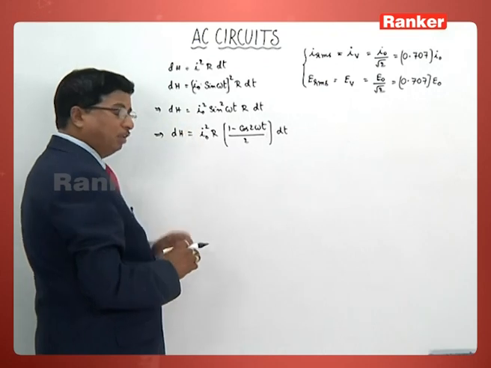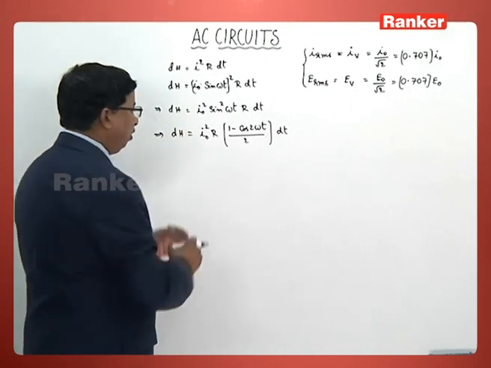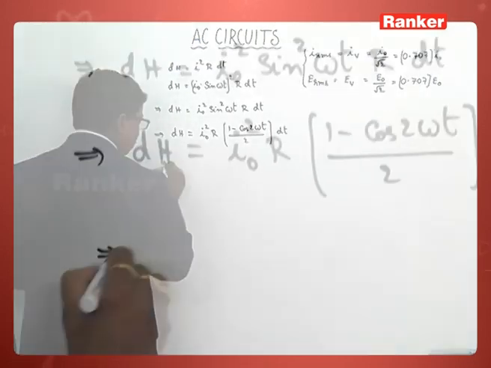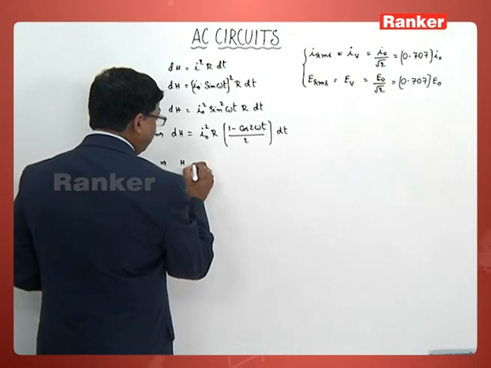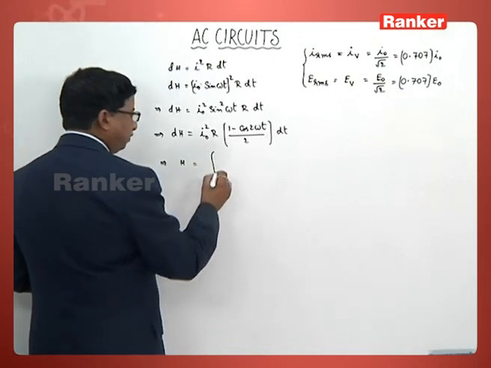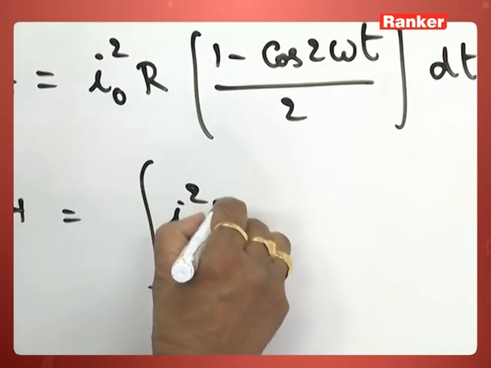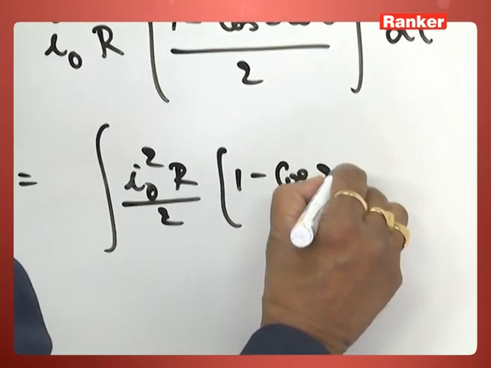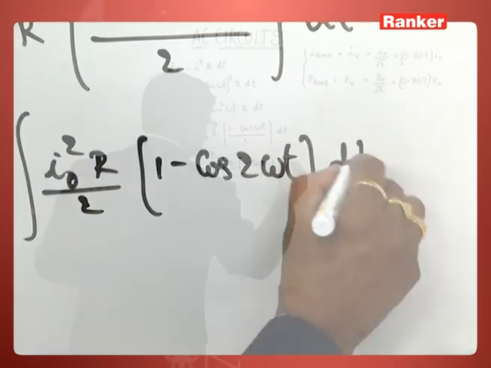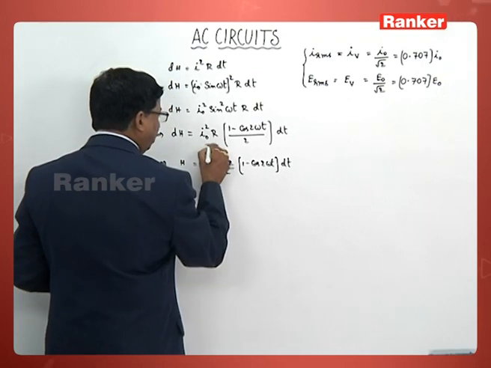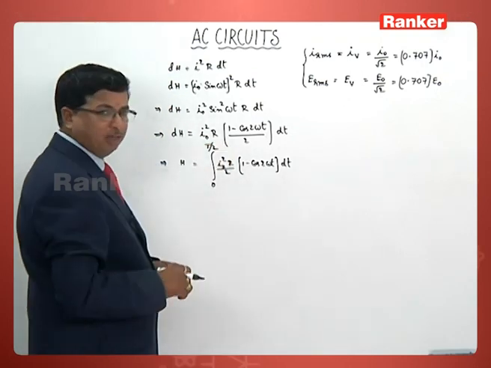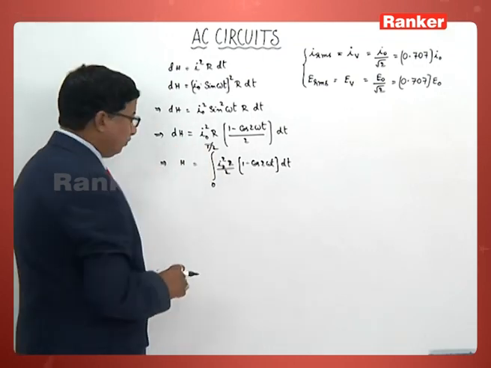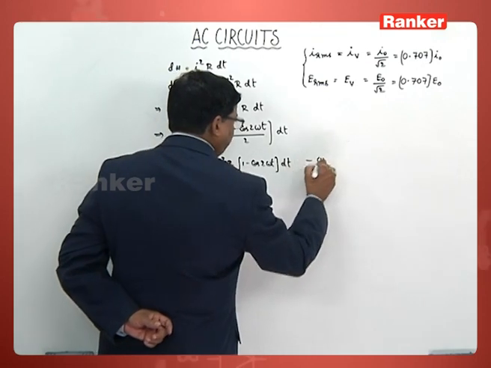Now by integrating this, we will get the value of H. That value of H you can write as the integral of I naught square R by 2 into (1 minus cos 2 omega t) dt between the limits 0 and T, taking this as the first equation.